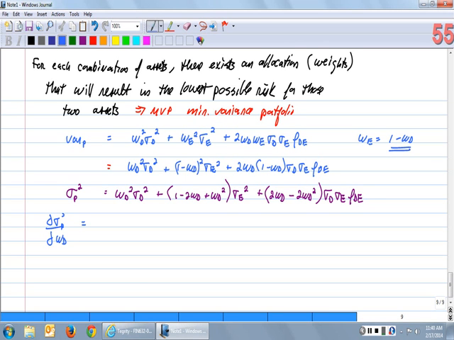So I'm going to set this equal to 0. I happen to know that the second derivative is positive, so I'm solving for a minimum.